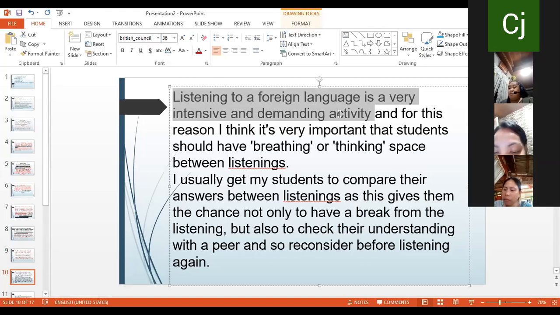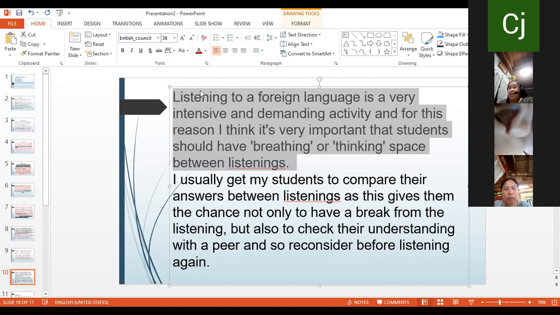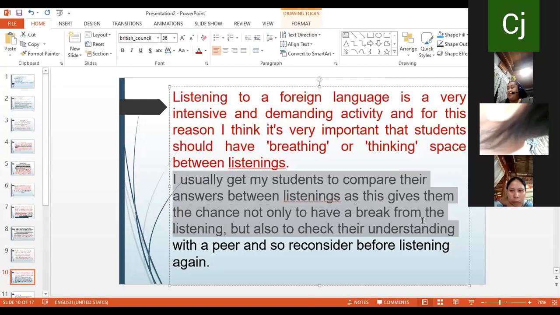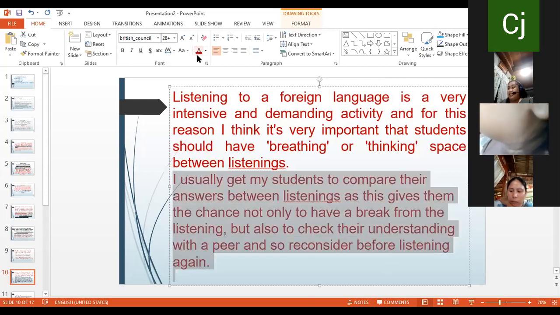For this reason, students should have a breathing space or thinking space between listenings. When you listen to a foreign language, make sure you have breathing space, not listening straight through. Make sure that students compare their answers between listening and break, and also check their understanding.